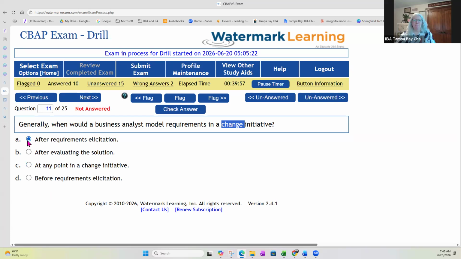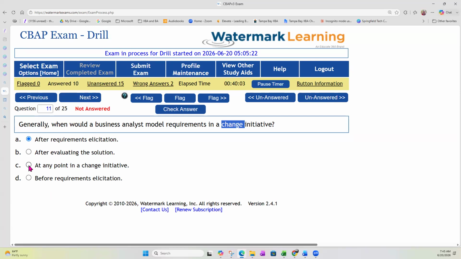Okay. So let's talk about why you like A more than C. Those requirements can always change, and we will need to adapt to those changes after the initial change strategy. But we will need to know what those initial requirements were.